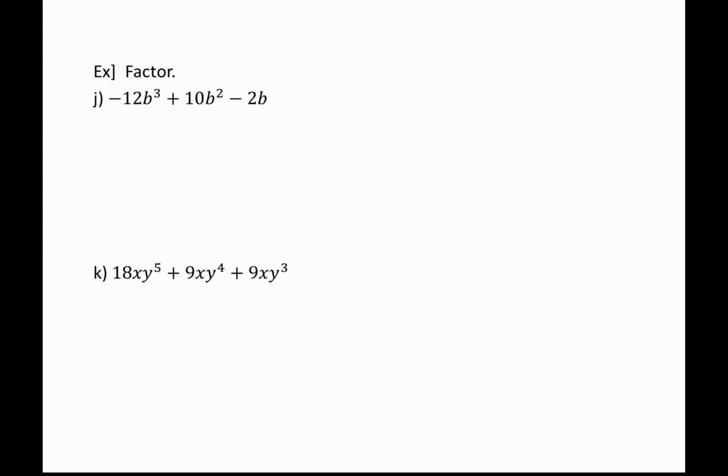So considering that, what will the GCF be for J? Maybe pause the video here if you want to calculate it off to the side, or just think about it. Okay, so if you've done that, you'll get that negative 2b is the GCF. And yes, I have a little note here reminding me that this is since the leading term is negative.